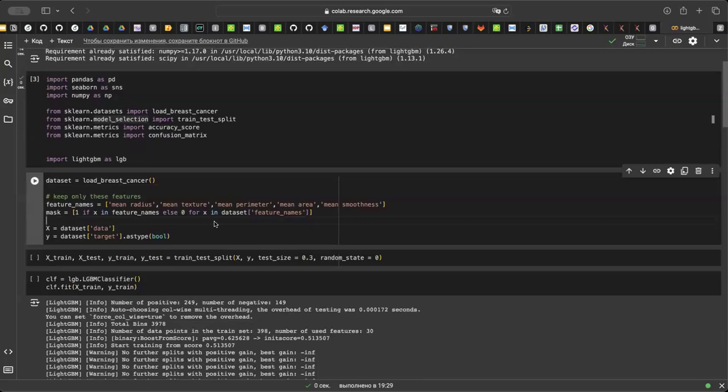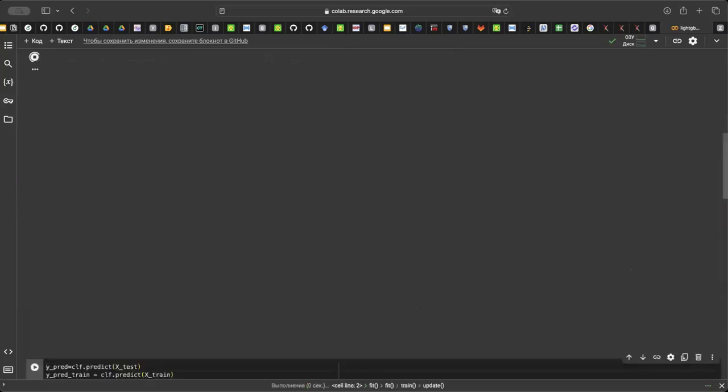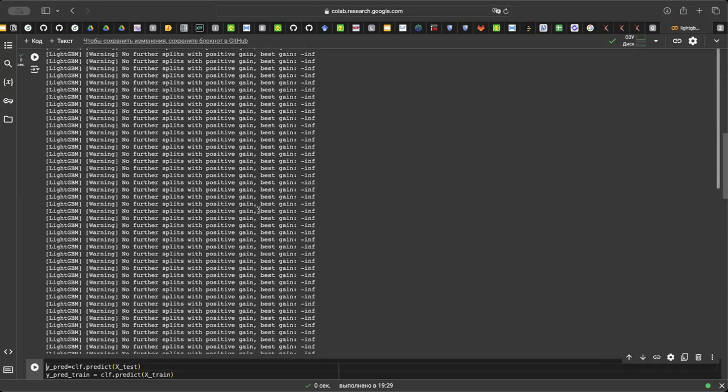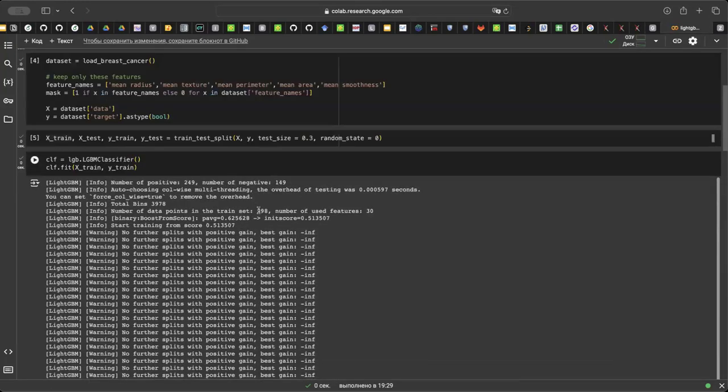As you can see, there are some data sets in this framework as well. Just split and make a classifier. It looks very similar to scikit-learn and other stuff.